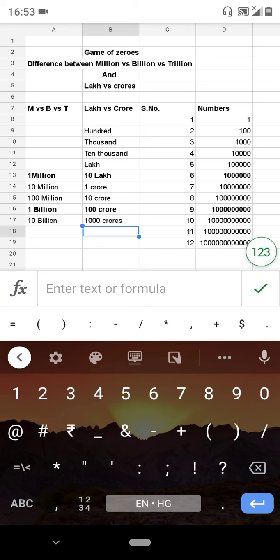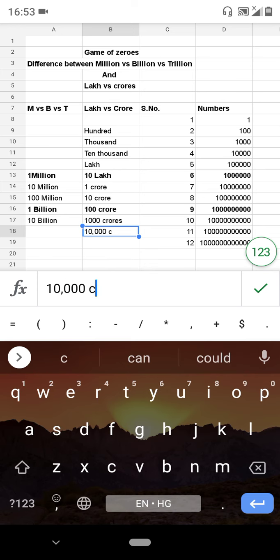So count this from a crore rupees. In a crore rupees you have 7 zeros, and this has got 11 zeros, so 4 zeros extra. When you have 4 zeros extra, you say 10,000. This is called 10,000 crores.